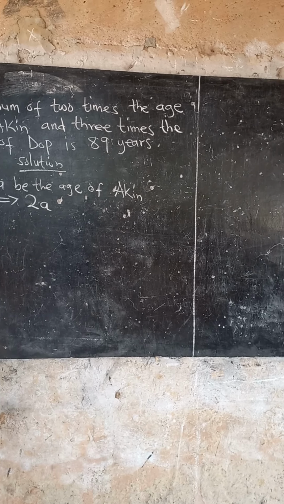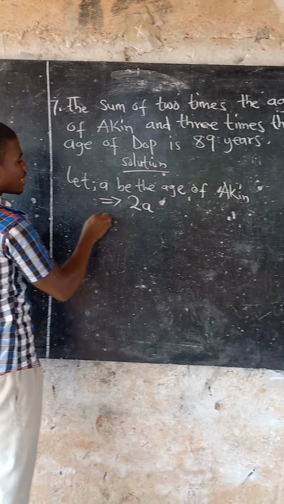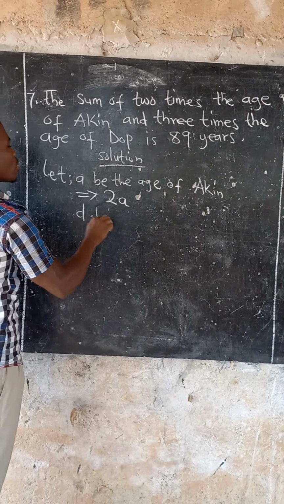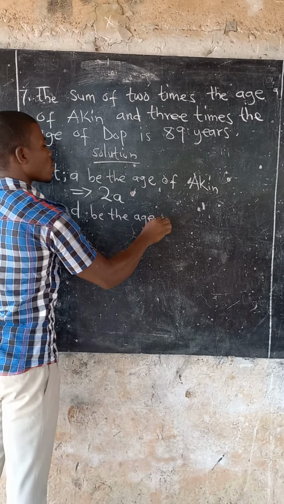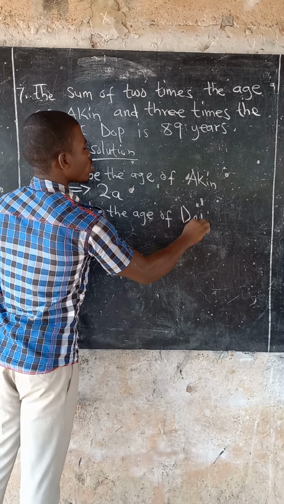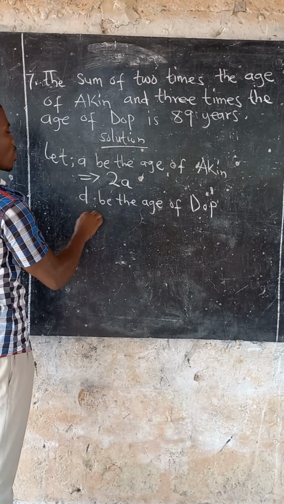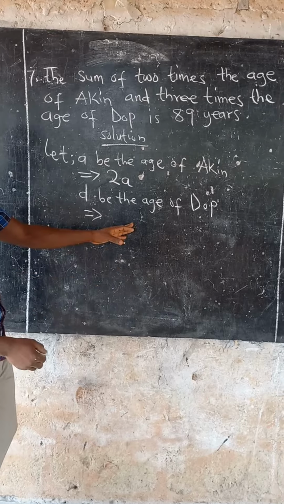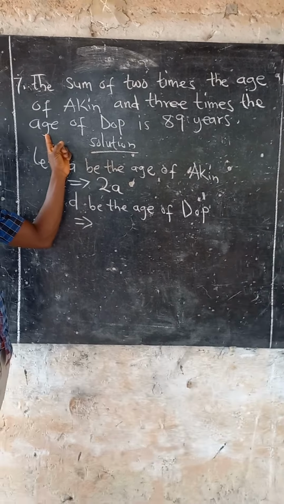And also let D be the age of Du. And per 2, it is saying that 3 times of what? Du's age.